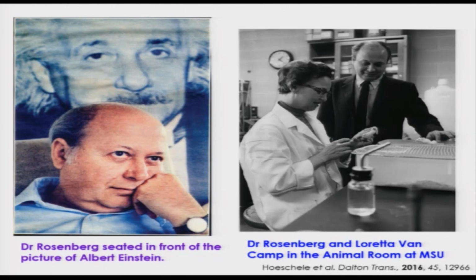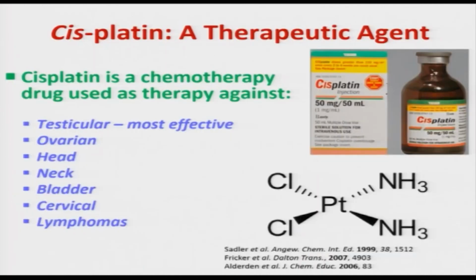Now, cisplatin is indeed a therapeutic agent. Cisplatin is a chemotherapy drug used as therapy against testicular, most effectively, ovarian, head, neck, bladder, and cervical cancers and lymphomas, and the cisplatin structure is shown over here.